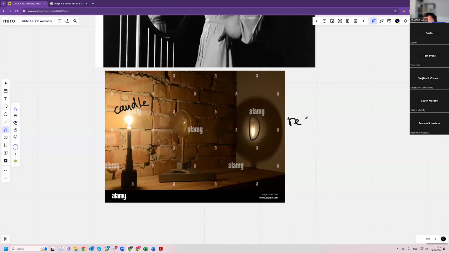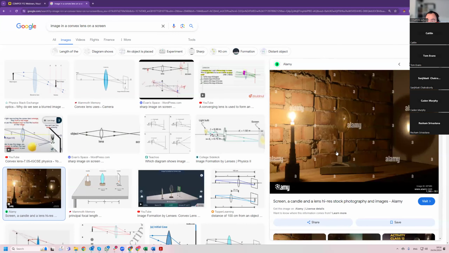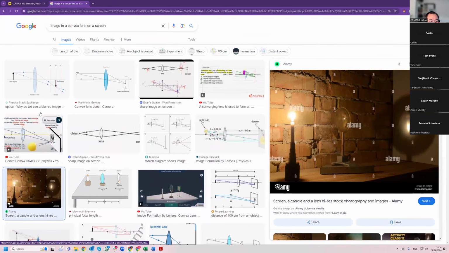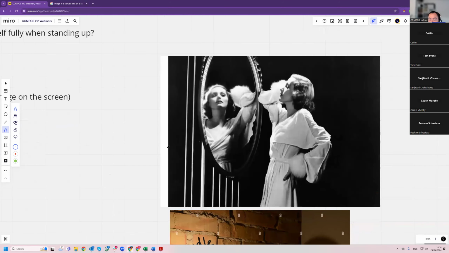This is a real image because it can be shown on a screen, as opposed to, for example, this image. The woman seems to be behind the wall.